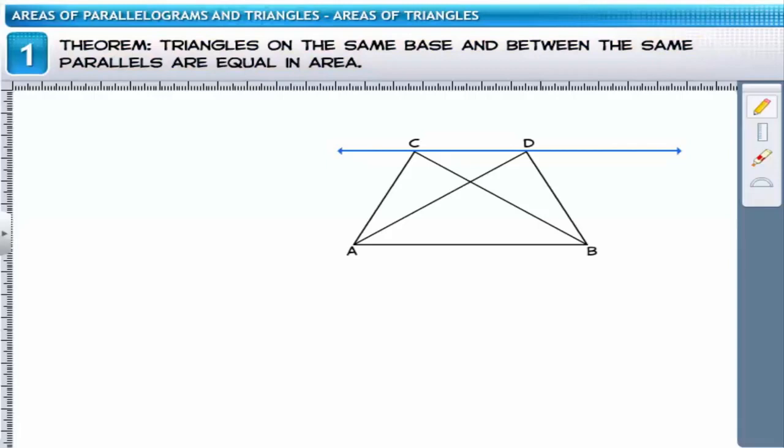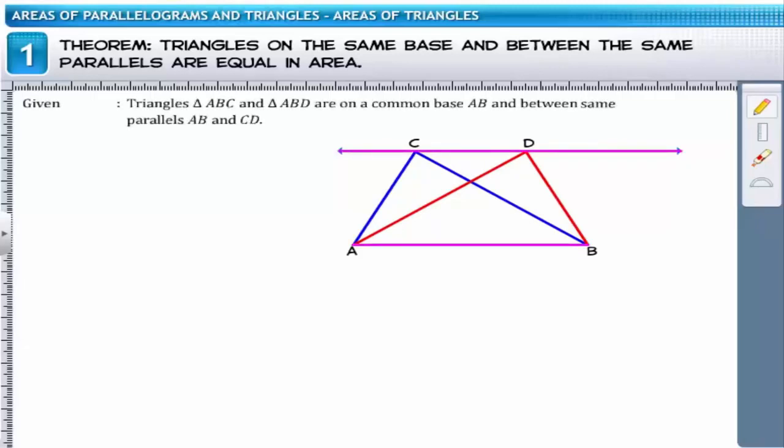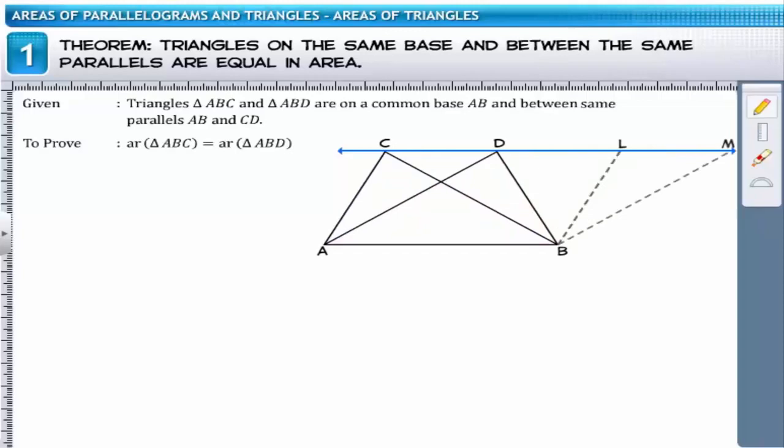Now, let's prove this theorem using the different properties of parallelograms. Two triangles ABC and ABD on the same base AB and between the same parallels AB and CD are given. We will prove that the area of triangle ABC is equal to the area of the triangle ABD. Let's draw BL parallel to AC and BM parallel to AD.